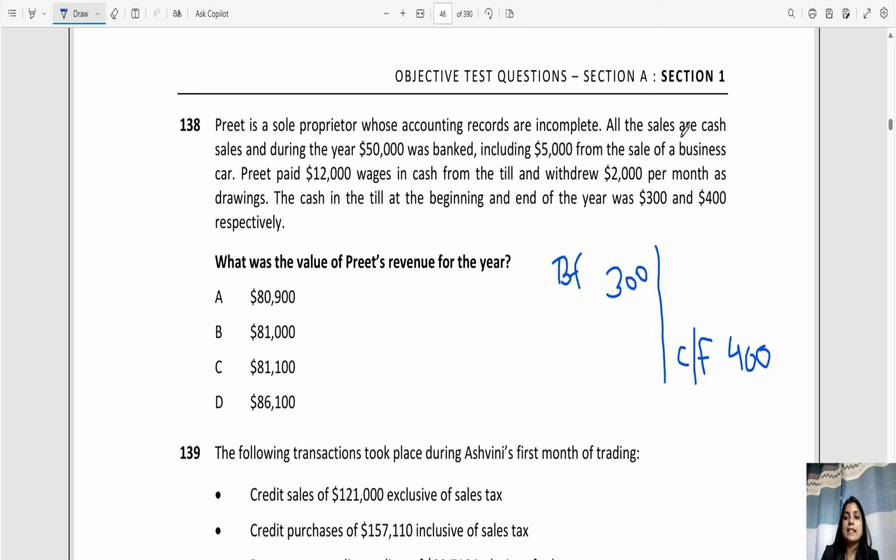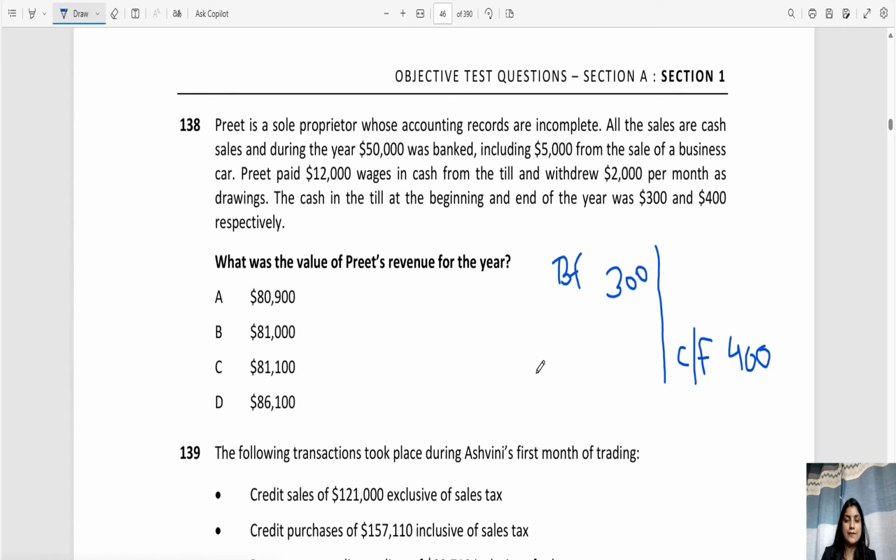All the sales are cash sales. So basically there are no credit sales, so whatever amount we receive, we need to figure out that will be related to the sales. And during the year 50,000 was banked, including the 5,000 from the sale of the business car.